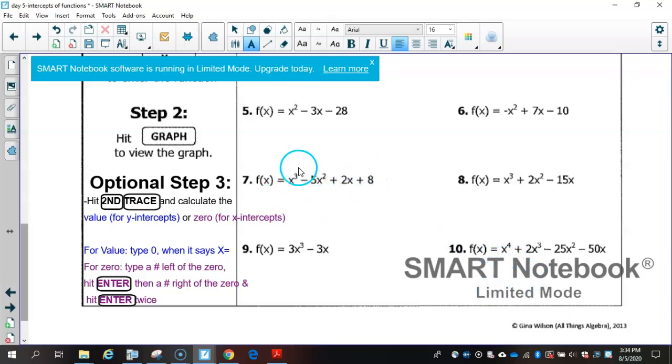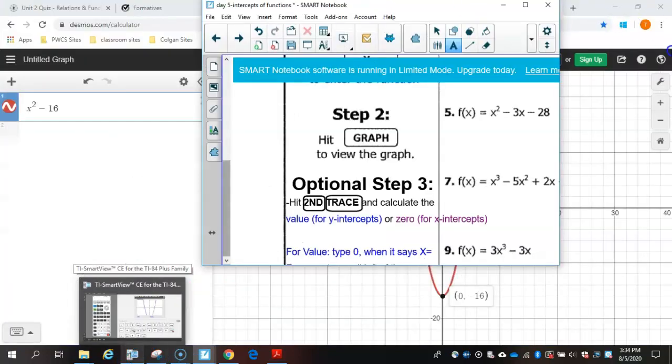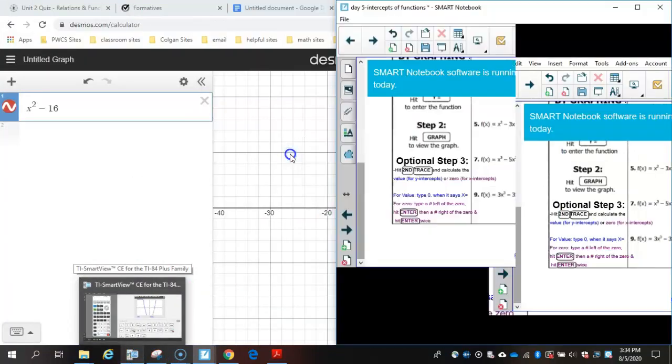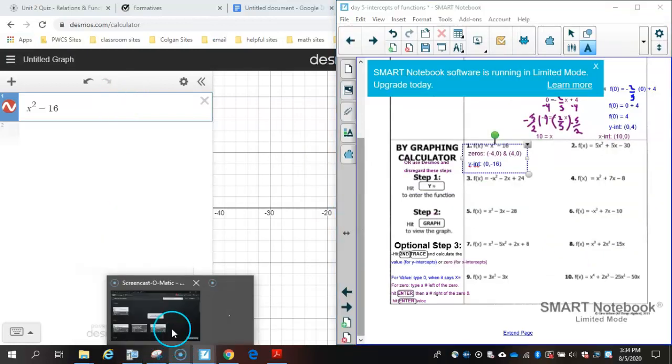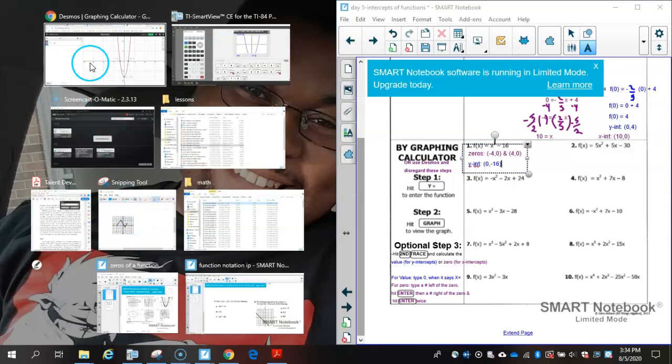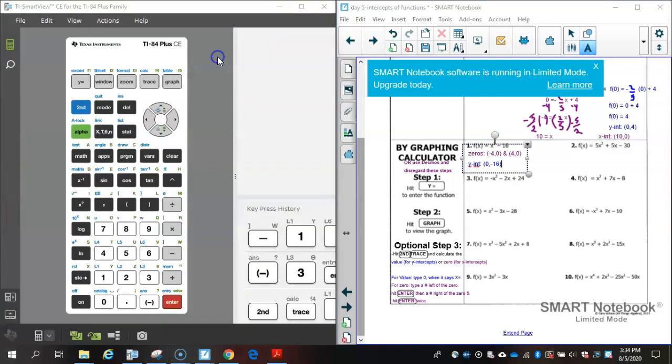So I'm going to go through the calculator step with the x to the third one more time just to make sure you got it, and then number 10 I'm just going to go ahead and put that in Desmos. I'm going to split screen this just for a second. I have a bunch of stuff open, as you can see.